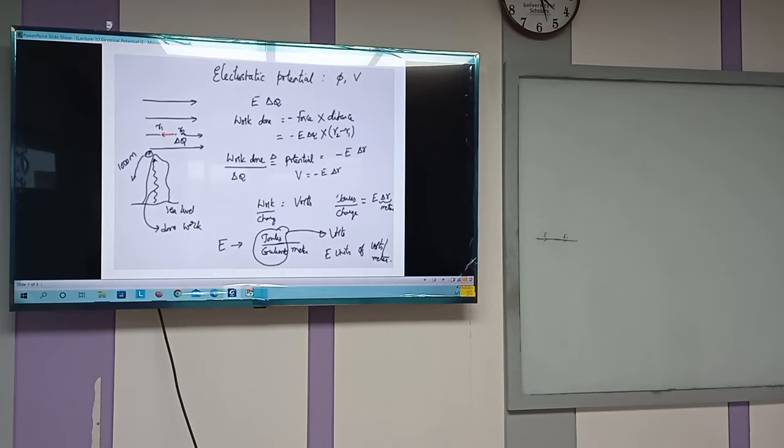How much work should I perform? Work done must be equal to the force that I apply times the distance I move. So this is again from the mechanical concept of moving a block.